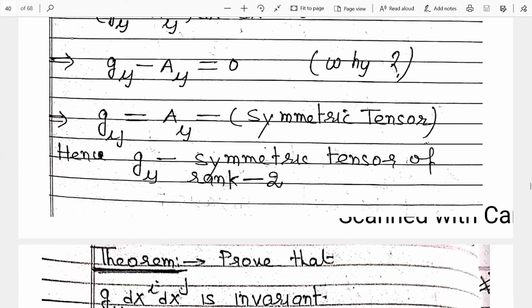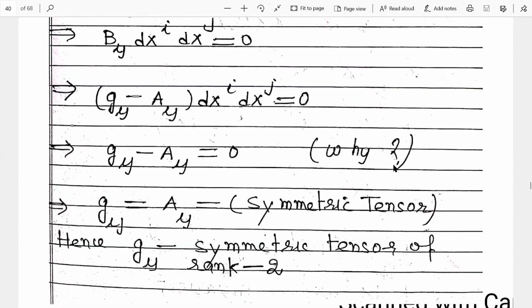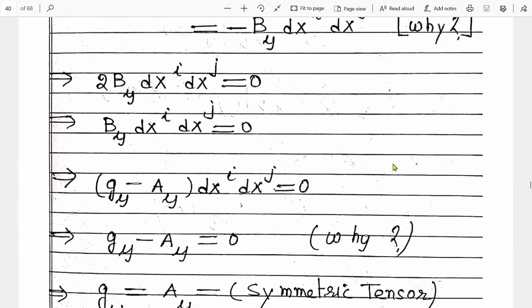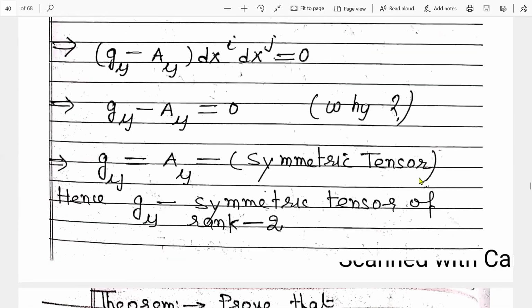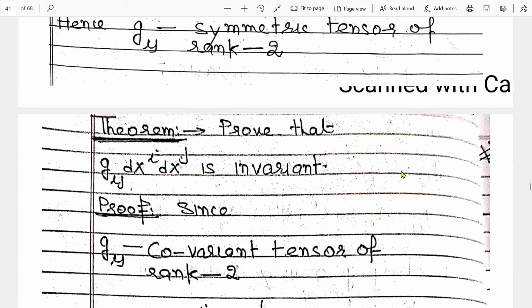If this term becomes 0, then Gij is equal to Aij, and Aij is a symmetric tensor. So Gij is a symmetric tensor of rank 2, which proves the two properties. Property number 1, Gij is a tensor of rank 2. Second, it is a symmetric tensor.